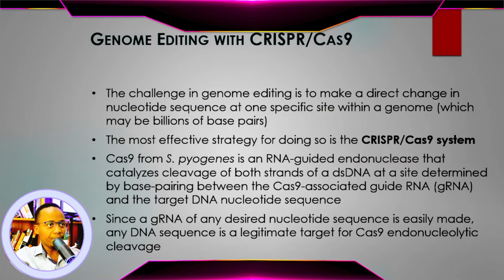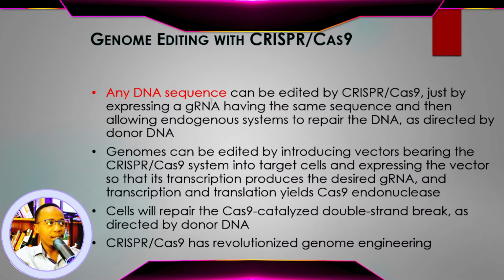All right. So again, it's guided by RNA, right? And we call it the guide RNA. And it's from Aspergillus. I think this is bacteria. And since we can make a guide RNA of any nucleotide, any DNA sequence can be edited. Any DNA sequence, right?